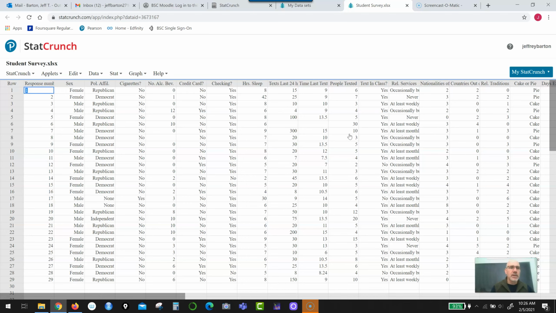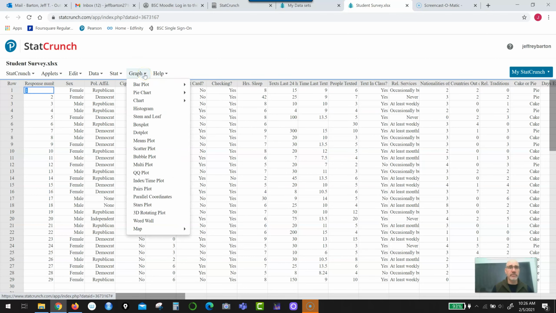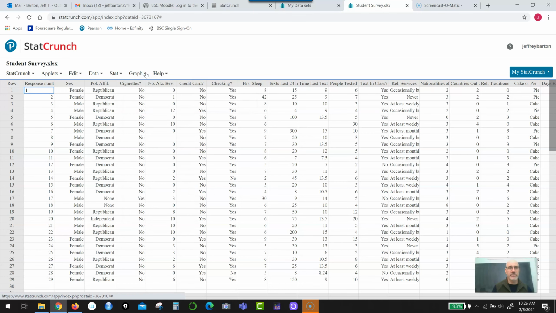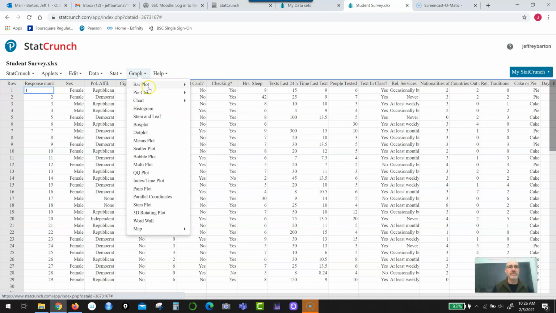So let's take our first variable and do our first graph. We're just going to see how the distribution of respondents is among the male-female category. So I went to graph first. Right, so graph, I'm going to select a pie chart because I'm dealing with a categorical variable, so that makes sense.